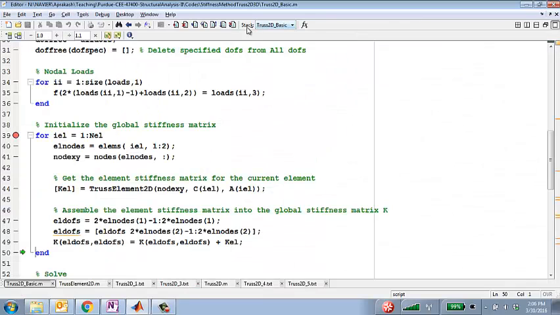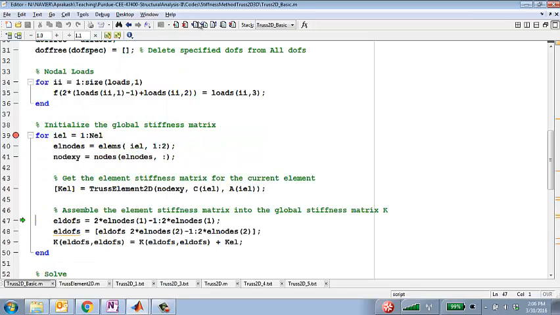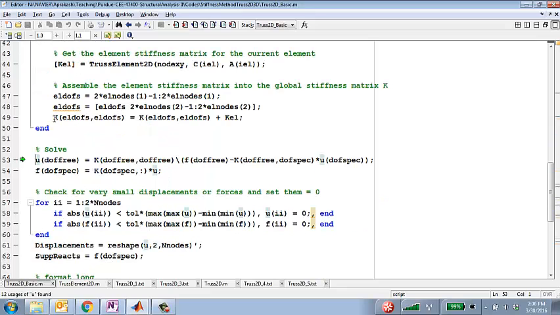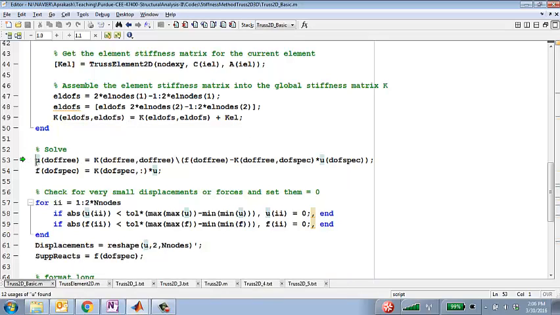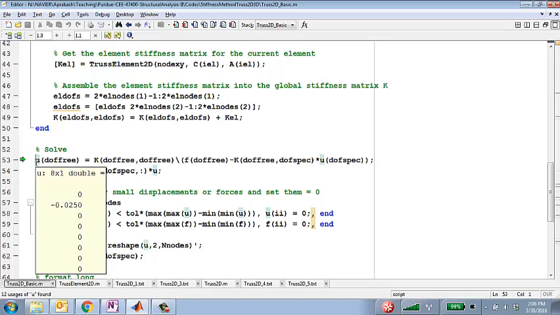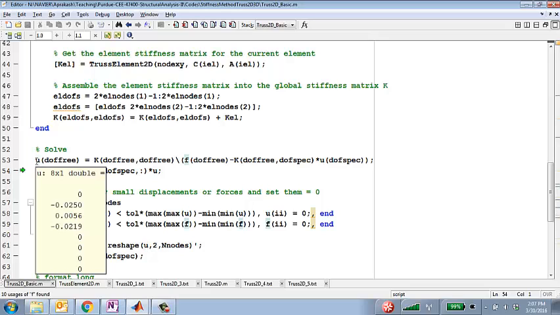The same process is repeated for element 3. And at the end of this loop, we have the correct K matrix built. We already have partial U, where every specified degree of freedom is known. We execute that statement again, and just in one line, I know now the actual displacements of that entire truss.